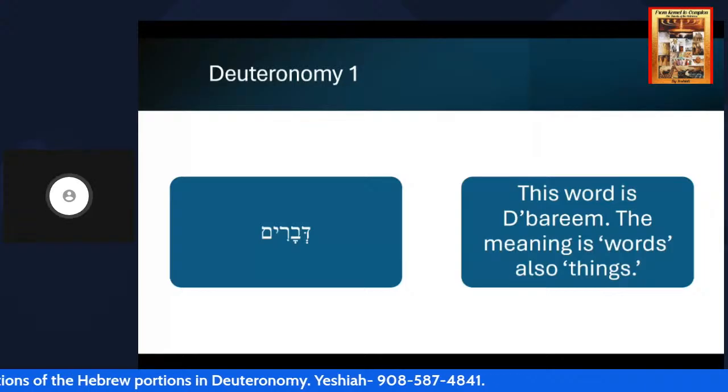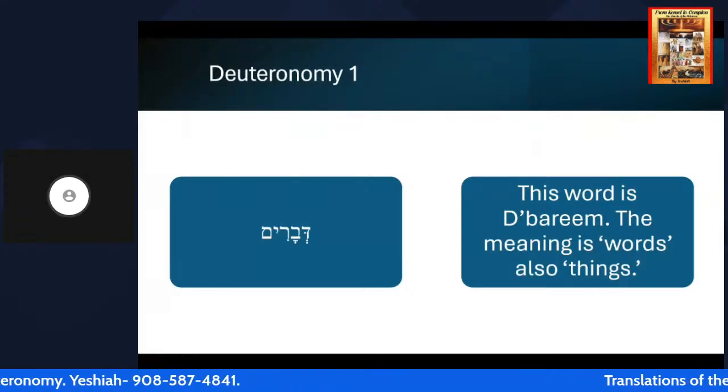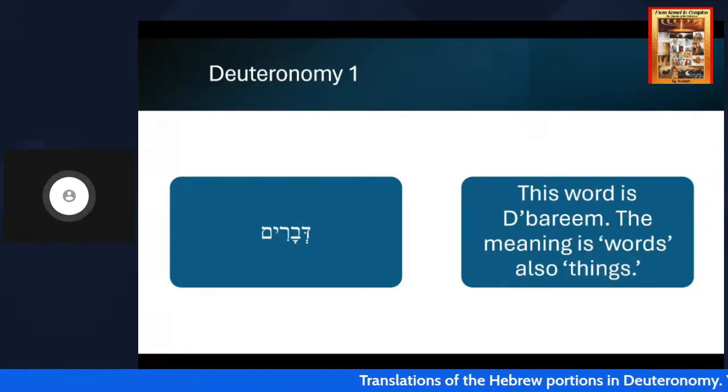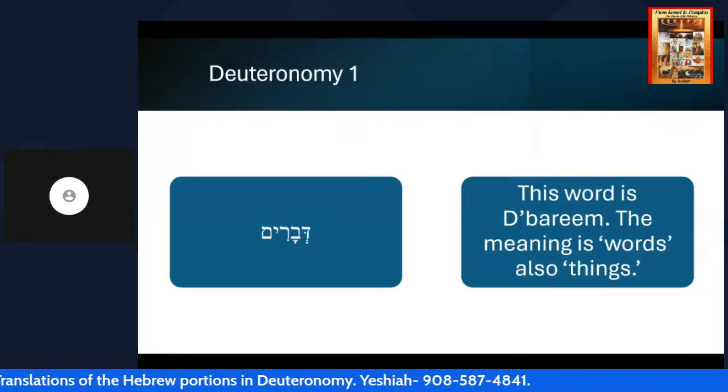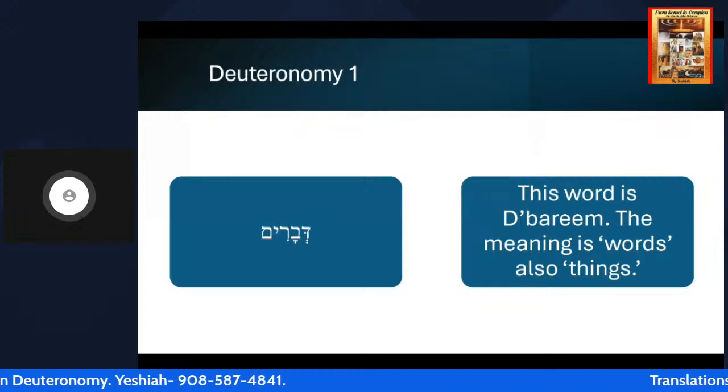All right. Now, for those familiar with Hebrew, you might think of the word daber, meaning to speak, which is the same root for such. You understand? So without any further ado, let us expound a little more upon this.